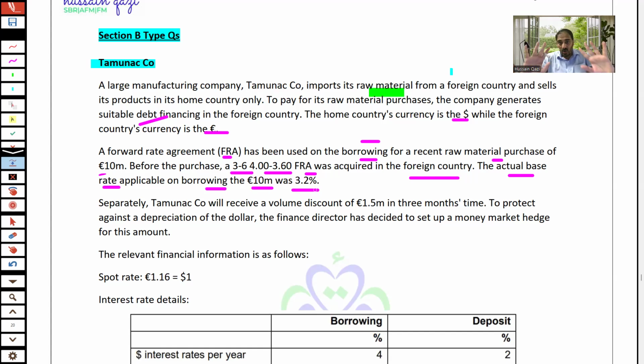Do remember, here the home country currency is dollar and the foreign currency is euro. Separately, Tamunic company will receive a volume discount of 1.5 million euro in 3 months time.